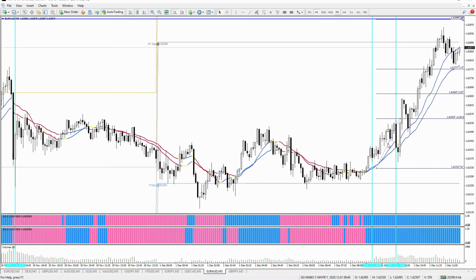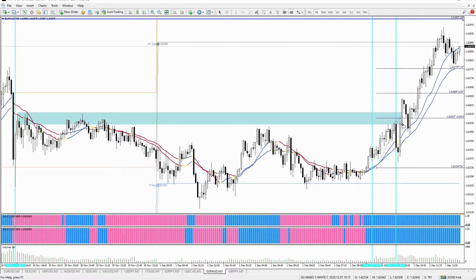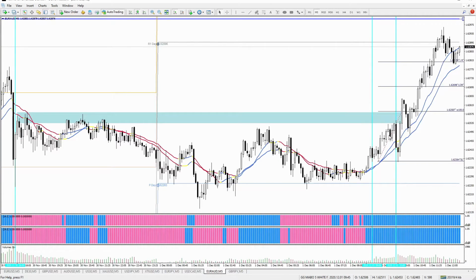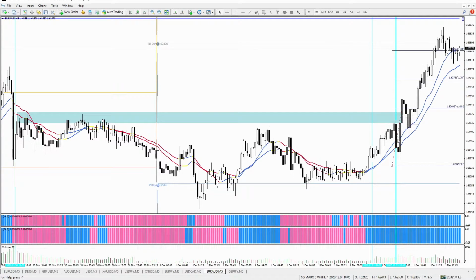Again, in the morning, you have this level here. This has been an important area again, but there is a clear breakout from this area. You can probably start entering here with a stop down here, but by far the best situation will be this one here.